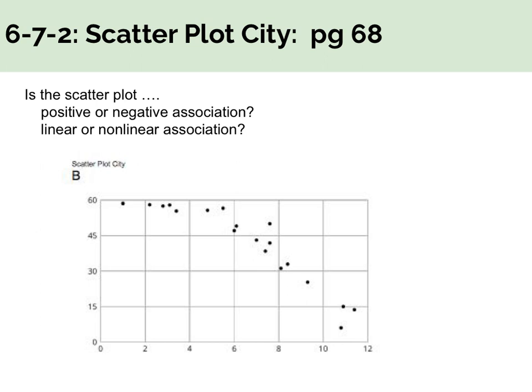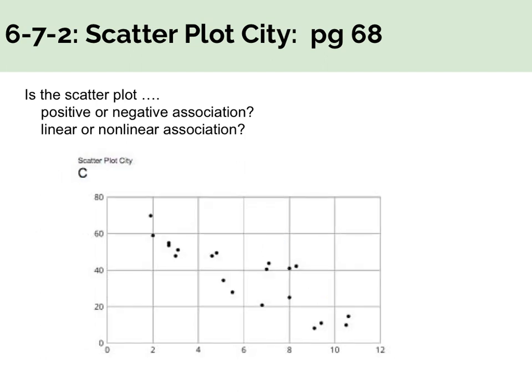All right, so this is considered a negative association because all the stuff is going down the hill. And is this linear or nonlinear? All right, positive, negative, or no association, linear or nonlinear. All right, this is considered a negative association.